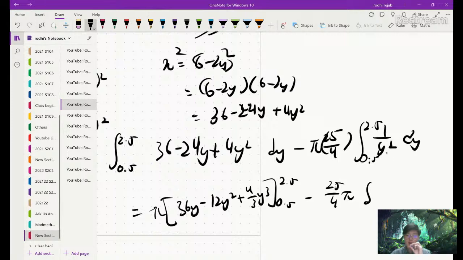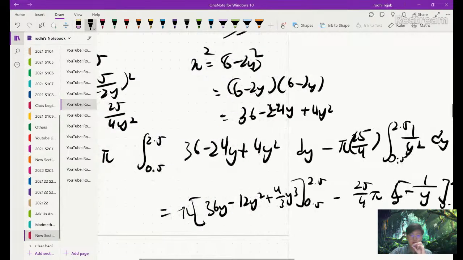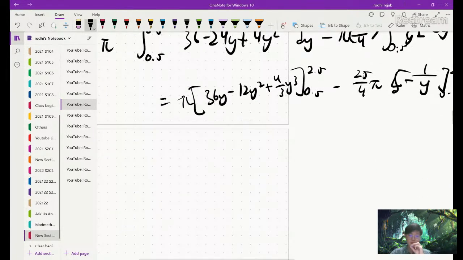Kalau integrate 1/y square, kita akan dapat 1/y. 2.5, 0.5. So substitute value masuk, kita dapat 5/6 pi tolak 91/6 pi.